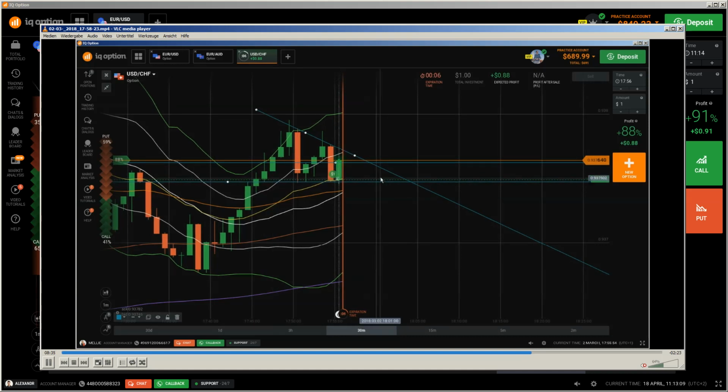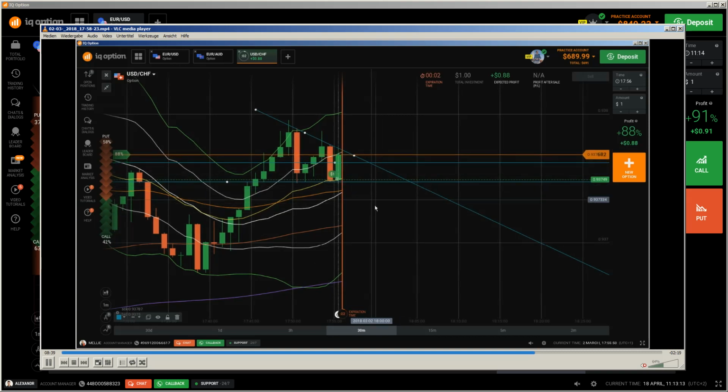Obviously it could also be that it breaks through this level, yes, but you have to understand the past. If you understand what happened in the past, you can predict the future, because the market repeats itself, and that is how it works.